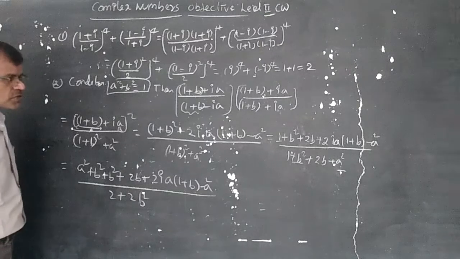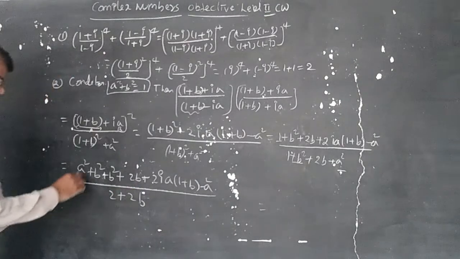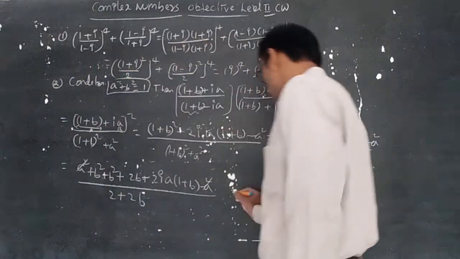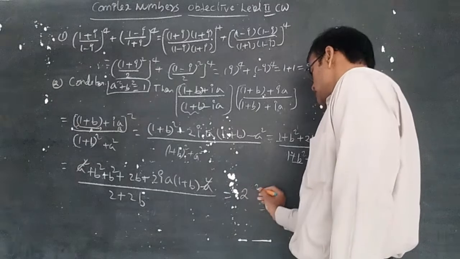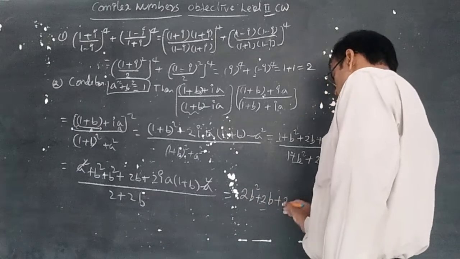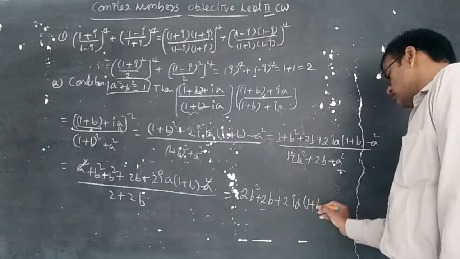So this is 2 plus 2b, not square. Now a square and minus a square get cancelled. 2b square plus b square unite to 2b square. So this is 2b square plus 2b plus 2ia into (1 plus b), whole by 2 into (1 plus b).